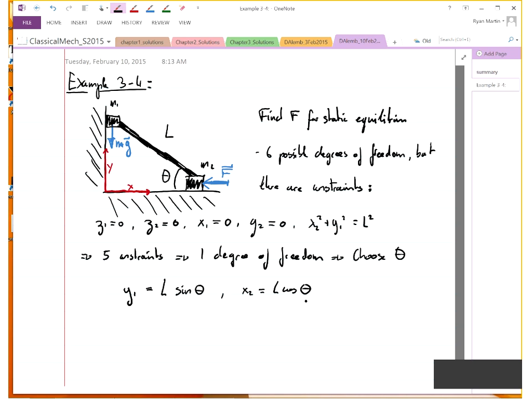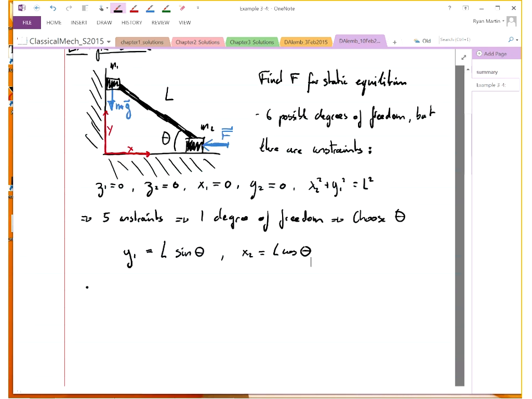So what we really need, though, are the position vectors of where the forces that do virtual work are applied.